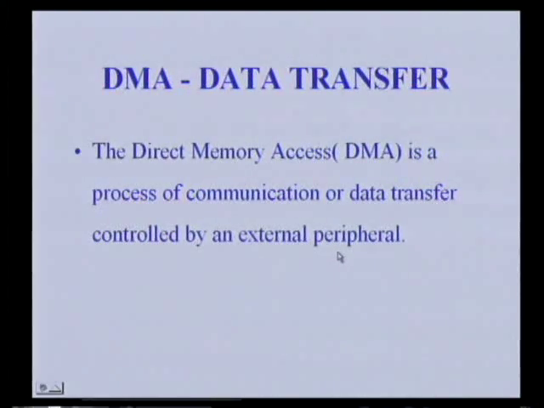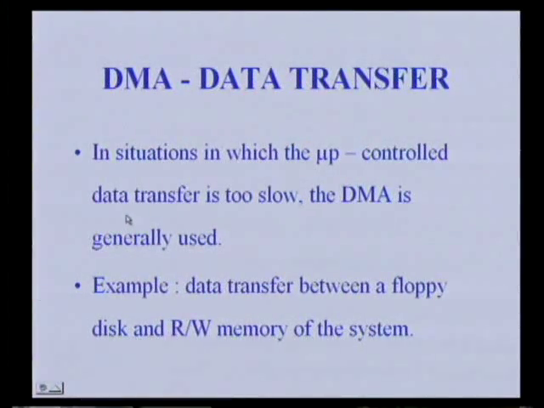That is, if an external peripheral like a DMA controller can transfer data at a faster rate than the microprocessor, then that external device controls all buses, that is address, data and control buses, and takes care of transferring data. In situations in which the microprocessor controlled data transfer is too slow, the DMA is generally used. Example, data transfer between a floppy disk and read-write memory of the system.